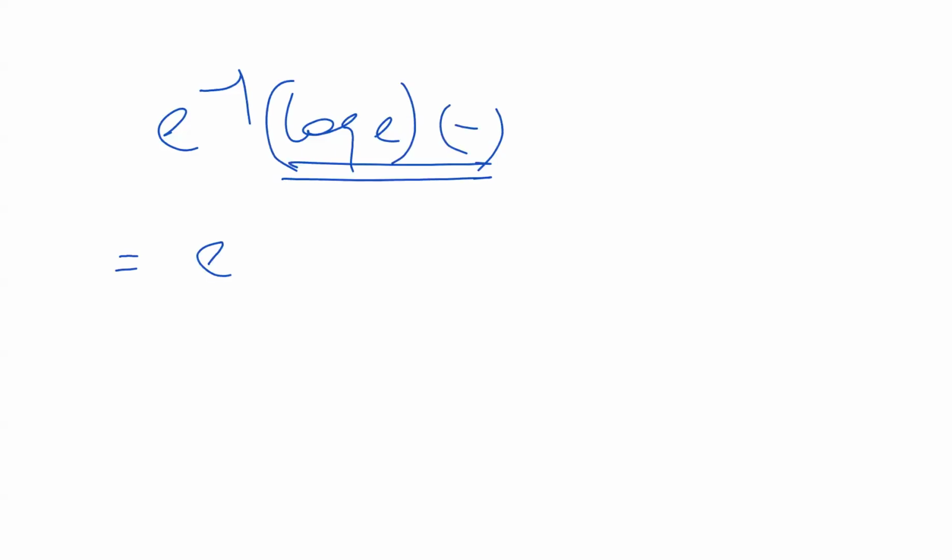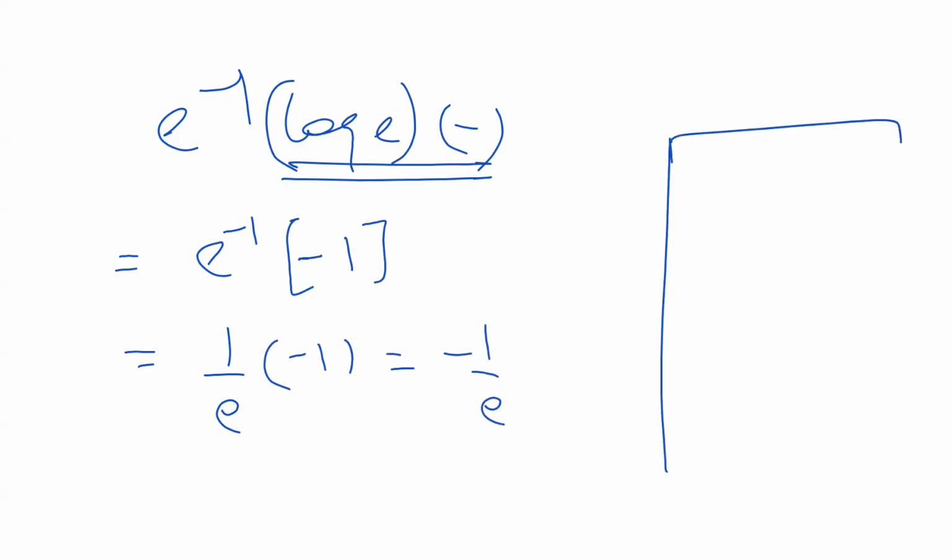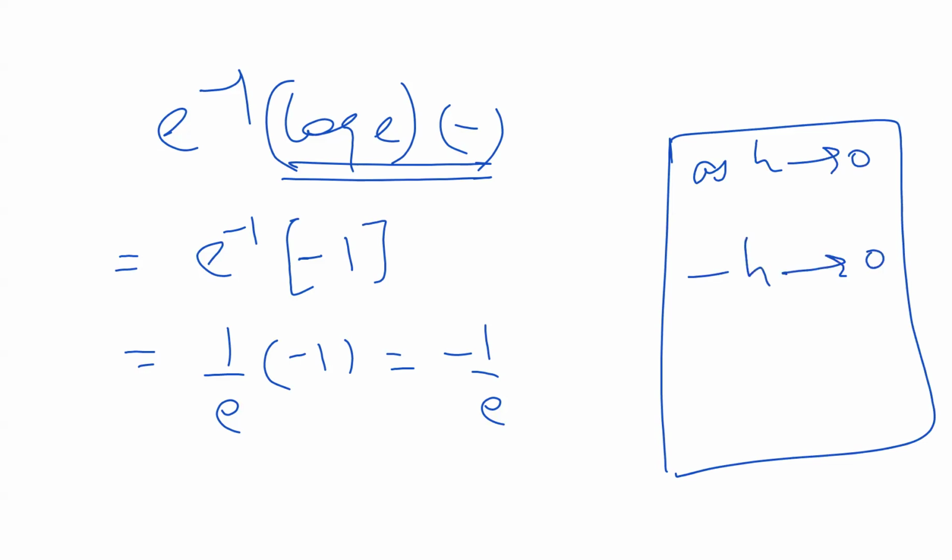This is minus 1. This is 1 upon e into minus 1. Answer is minus 1 upon e. As h approaches 0, minus h will also approach 0. So if you multiply minus on both the sides, it will still remain 0.